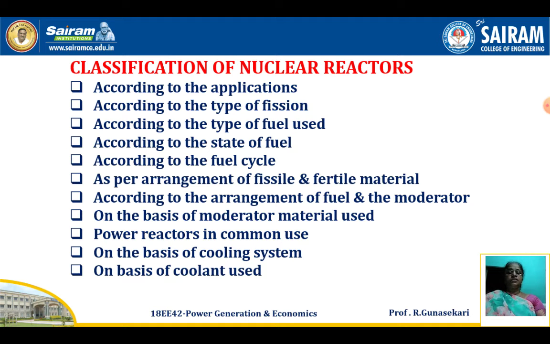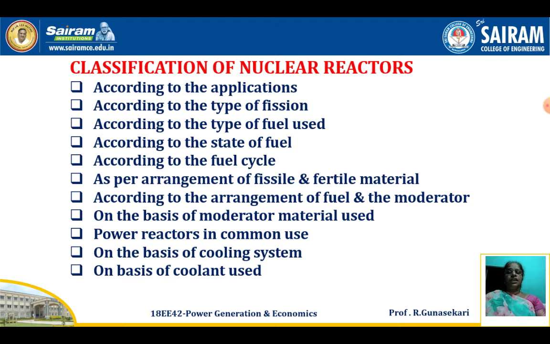Then on the basis of moderator materials used. For example, graphite is used as a moderator. So based on the material used as the moderator, we classify the nuclear reactor. Then power reactors in common use play an important role in the nuclear power plant.